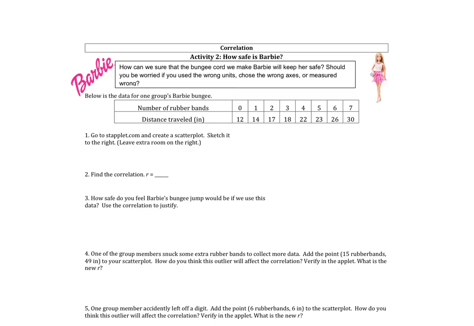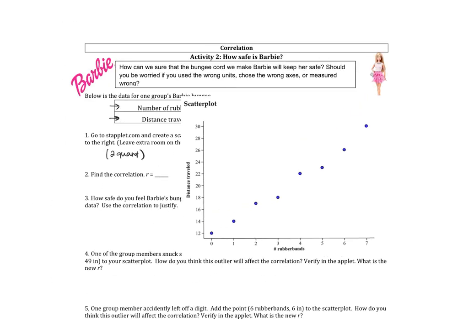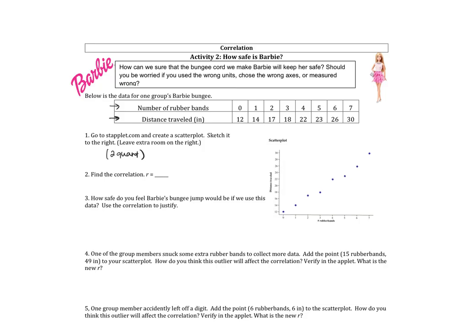In Statplet, you choose the 2 quantitative variables and input for the explanatory the number of rubber bands, and the response is the distance traveled. Then you should get something like this right here.